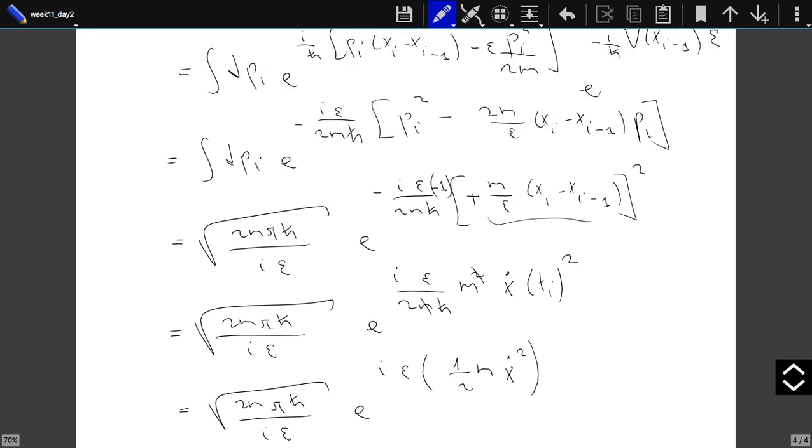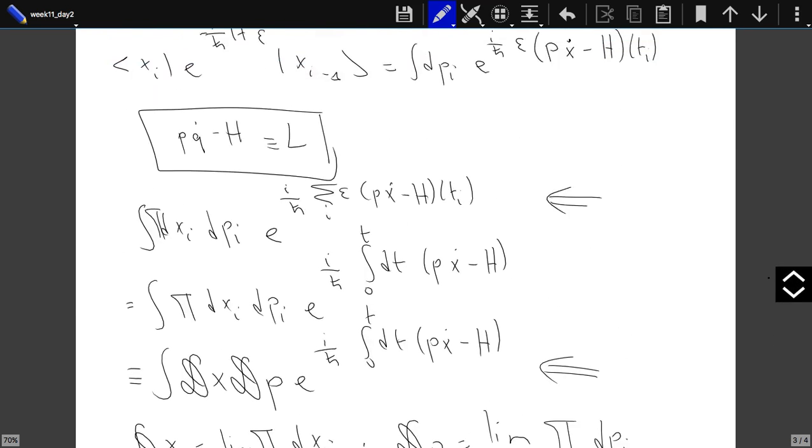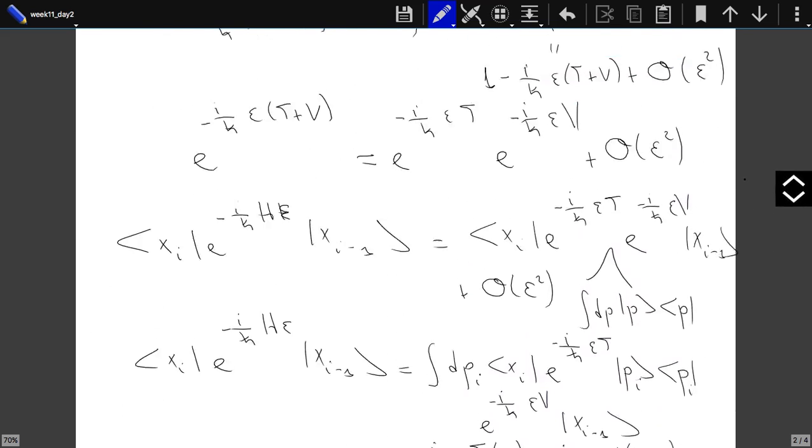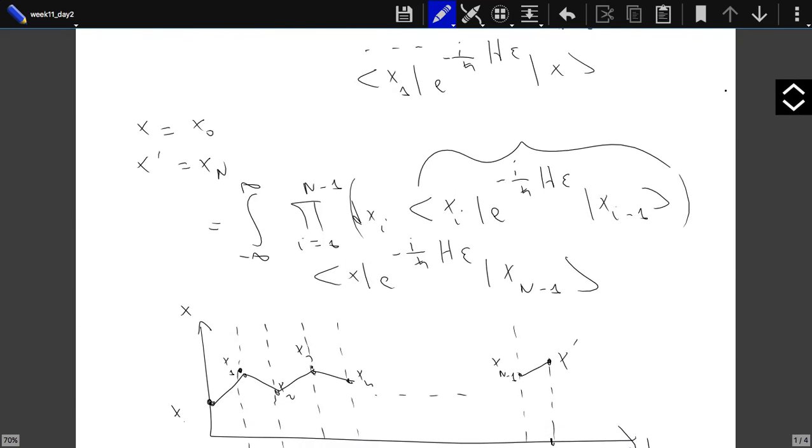Now, if we use this result for this matrix element, xi minus 1, and put it in our above expression, if you remember, we have the integrals over all the xi's, and then these matrix elements. We have n of them.